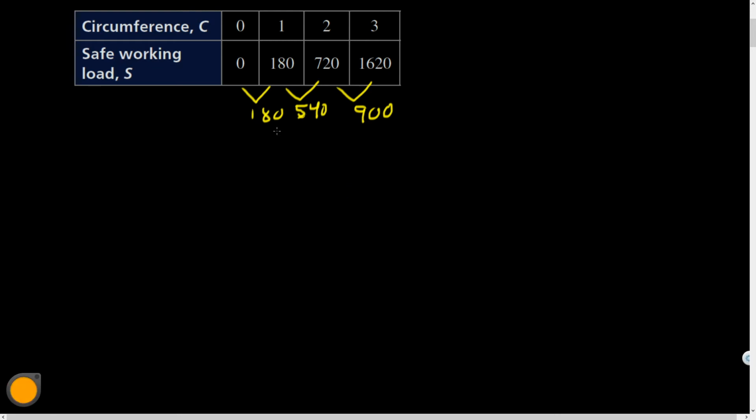If I do the differences between these, the second differences, this is 360 and 360. Since these are the same, therefore it's a quadratic.